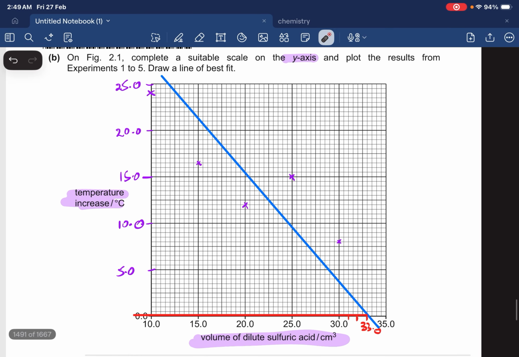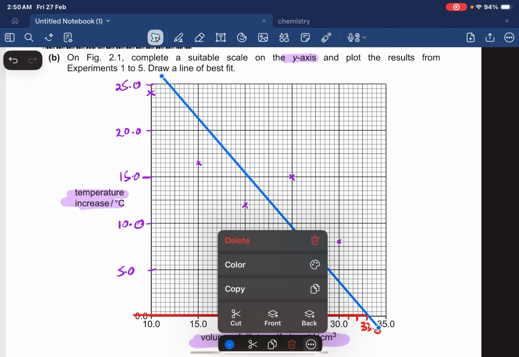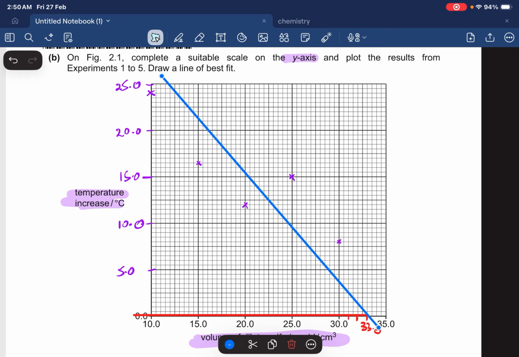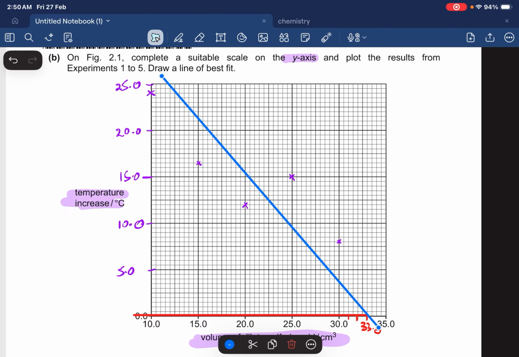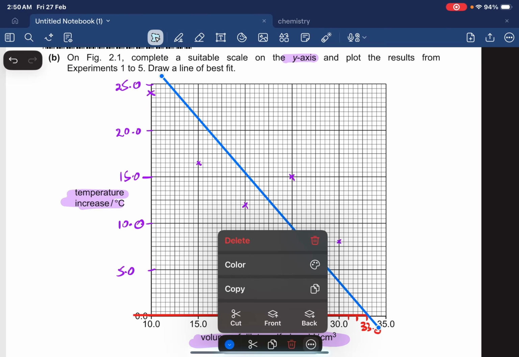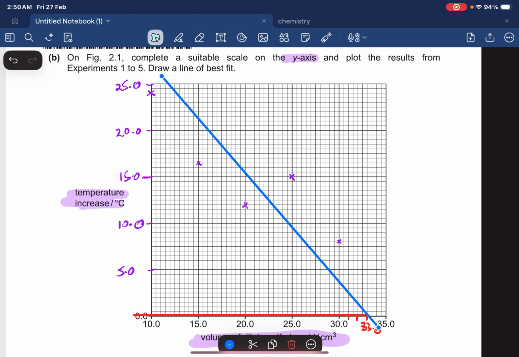So now what we're going to do, we're going to copy this line and make a line that's half of it. That's like half the gradient or something like that. Don't change this.